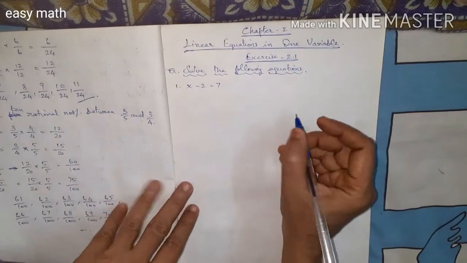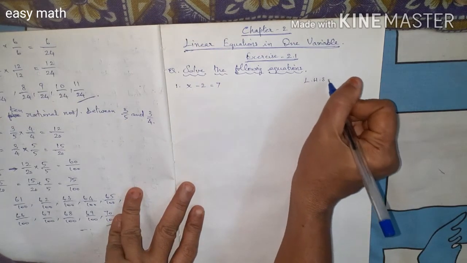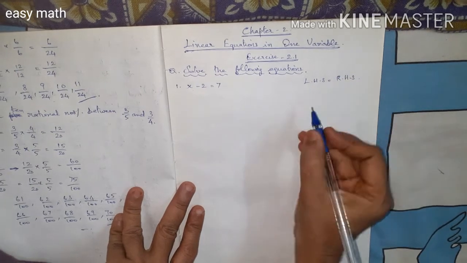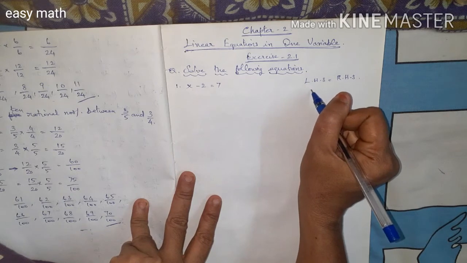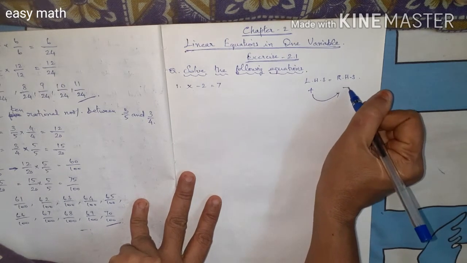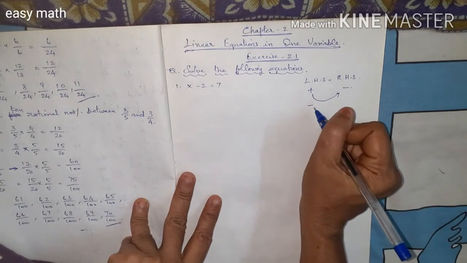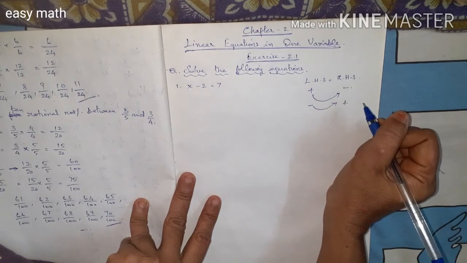In this chapter, we move terms from the left hand side to the right hand side. If there is a plus sign on the left hand side, when it comes to the right hand side it becomes minus. If it is minus on the left hand side, it will become plus.